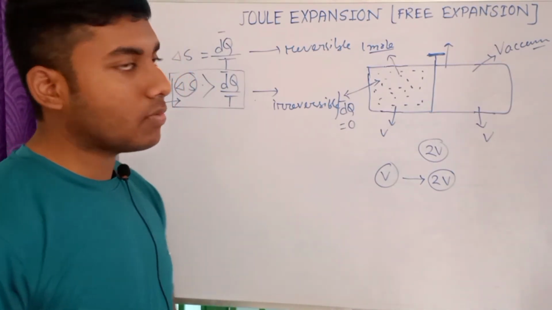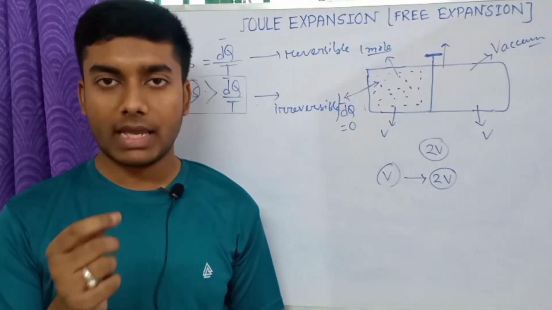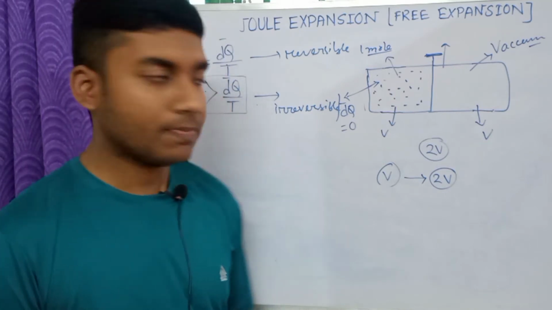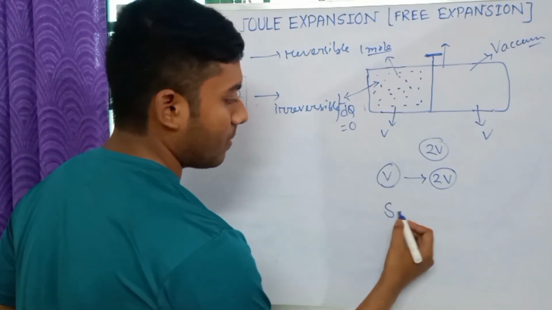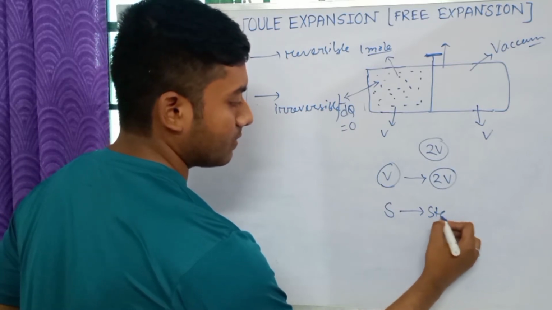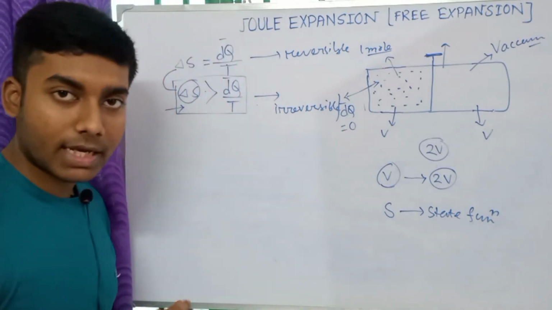So for this we have to use a property, and that is, our entropy S is a state function. I think that you all know what a state function is.